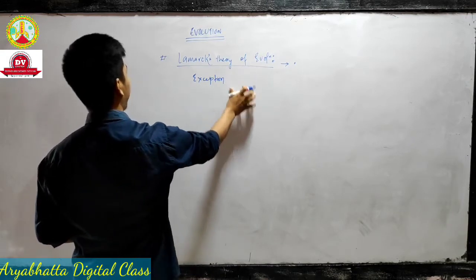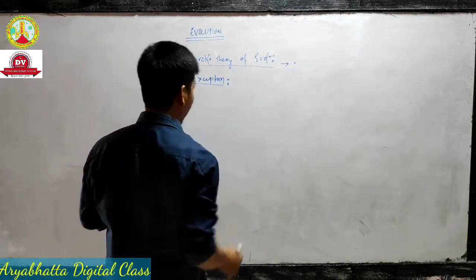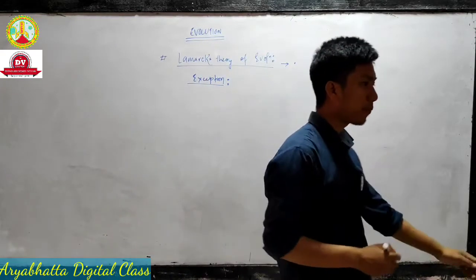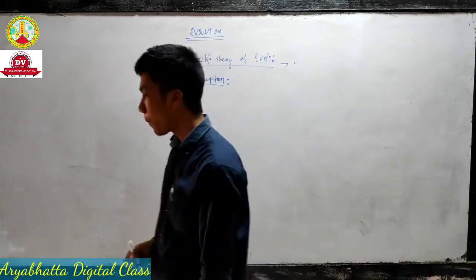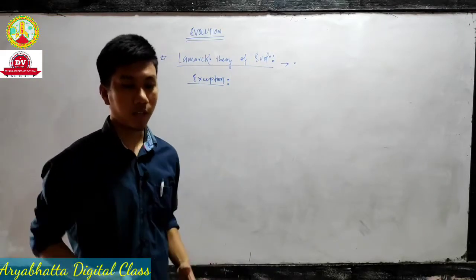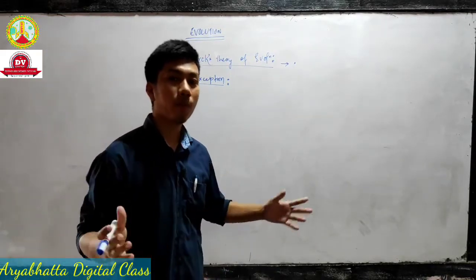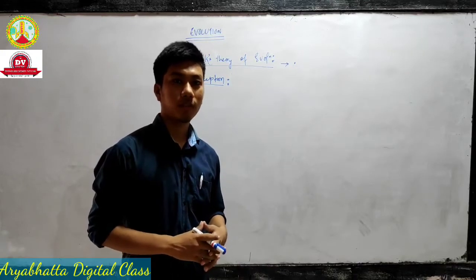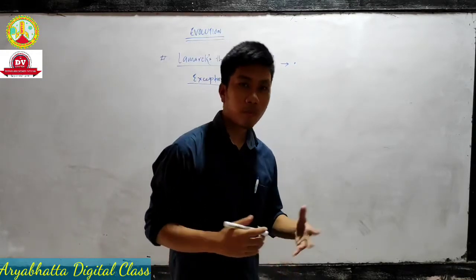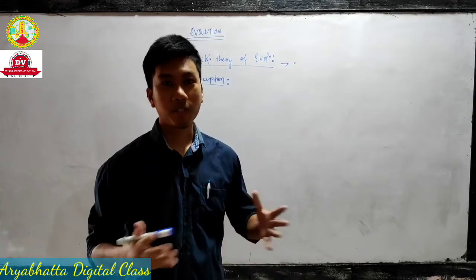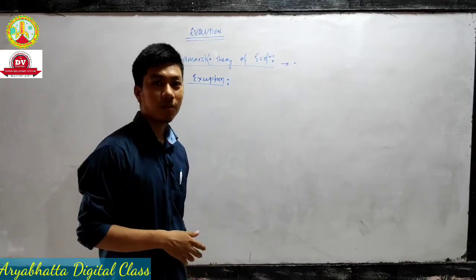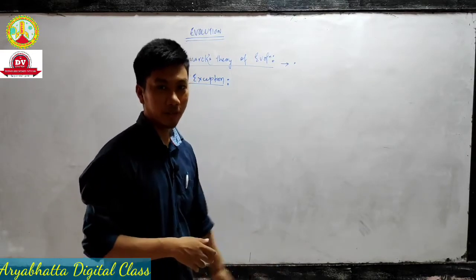Let me just write exception. Exception of Lamarck's theory. So after giving these postulates, Lamarck became famous. He became so famous all over the world. So when people become celebrities, people get jealous. So exactly, some scientists went against Lamarck's theory.